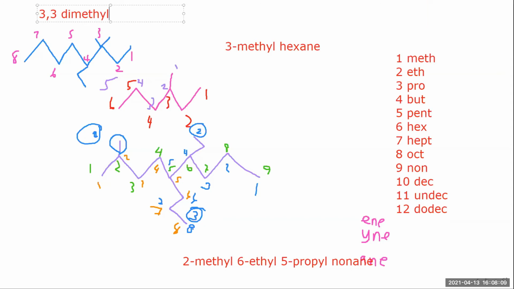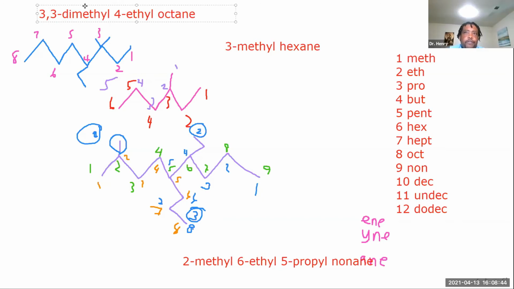If there were 2 methyls farther on the chain, you'd put them together like 3,6 dimethyl or 3,6,9 trimethyl. But since they're on the same carbon, you do 3,3 dimethyl. That's right. Yeah, I got it now. Octane. Okay, does that make sense? Yes.